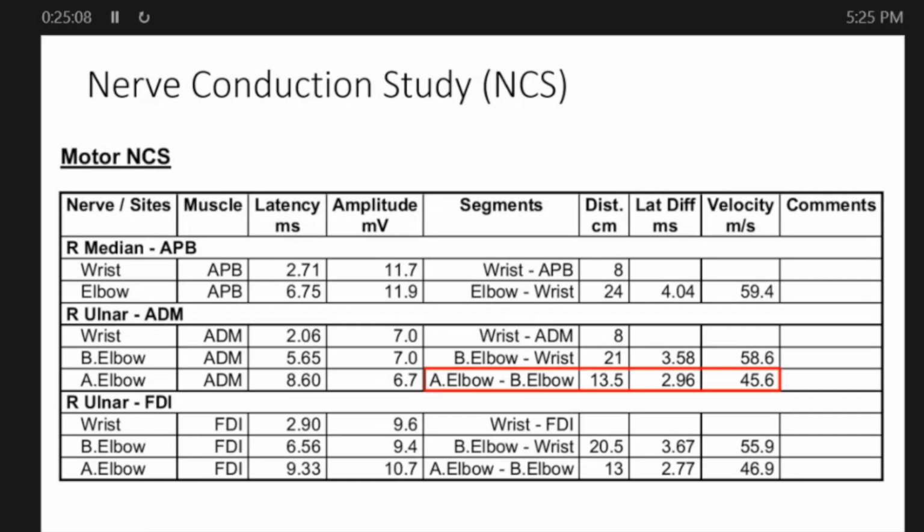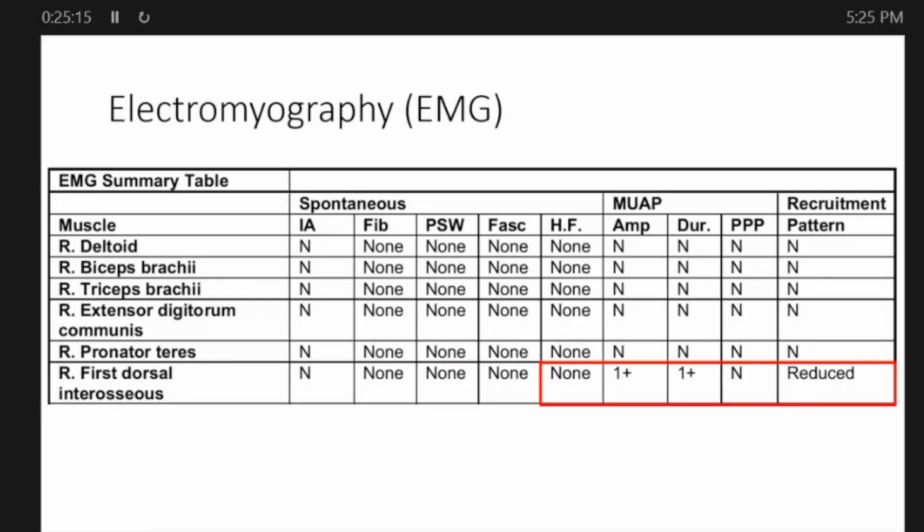And then for the electromyogram, for needling procedures, we'll look for signs of denervation in the ulnar innervated muscles, usually the first dorsal interosseous and also the abductor digiti minimi are needled, and you'll see fibrillations and positive sharp waves as signs of denervation in the hand intrinsics. So those confirm your physical exam findings.